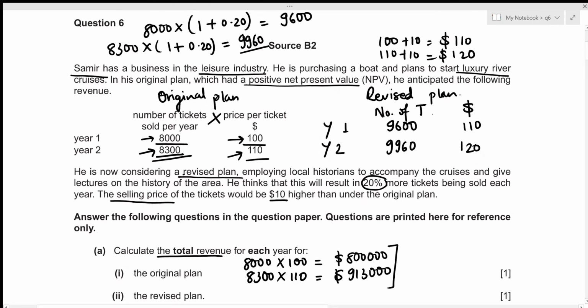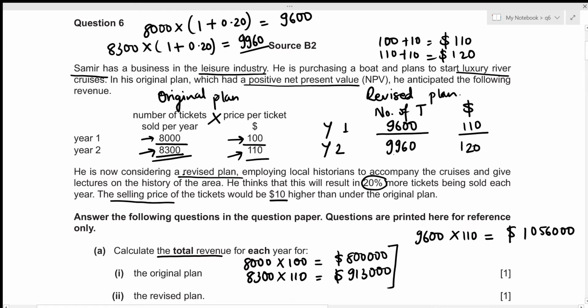Okay, for the revised plan for year 1, we have our number of tickets sold per year of 9,600 and the price per ticket was 110. So let's multiply these two together. That's 9,600 times 110, and this gives our total revenue under the revised plan for year 1 to be 1,056,000. Now let's repeat the same process for year 2.